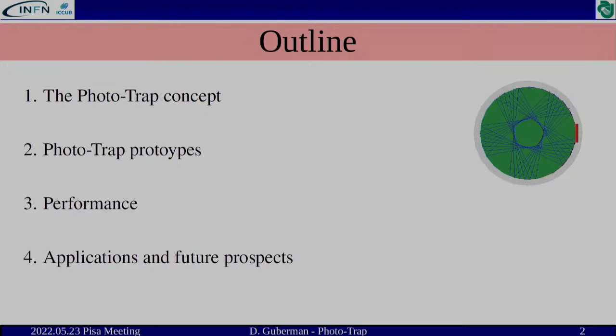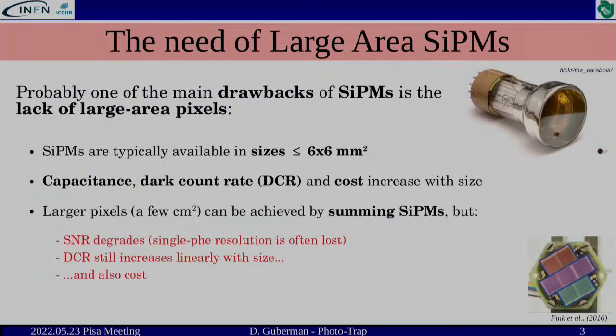So basically, the idea of PhotoTrap tries to attack what I think is one of the main drawbacks of silicon PMs, which is the lack of large area silicon PM pixels.